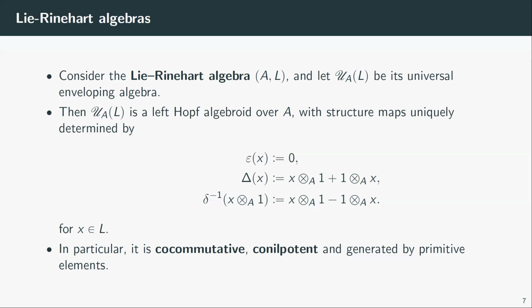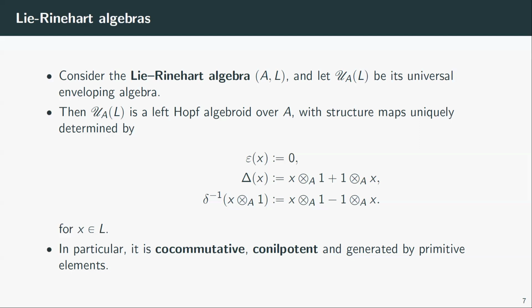Maybe I will add some more information. For this conilpotency, we can define the conilpotent filtration as the kernel of all those delta n's. This can be defined for any coalgebra with a distinguished group-like element.